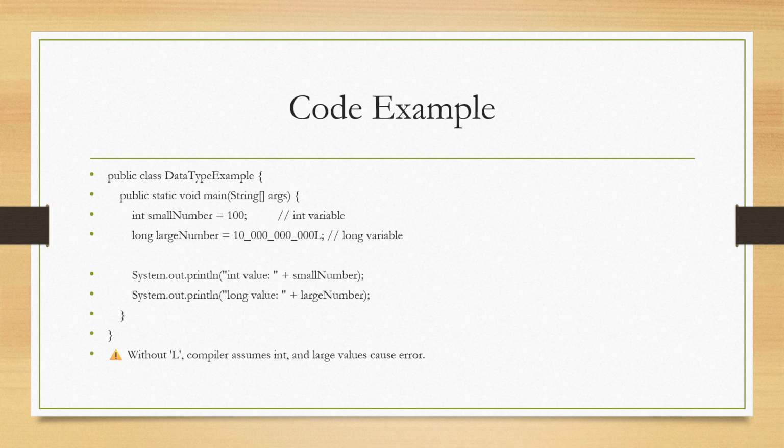Now let's see this in action with a simple Java program. Here, int small number is equal to 100 and long large number is equal to this one. You can remove this, these are commas.